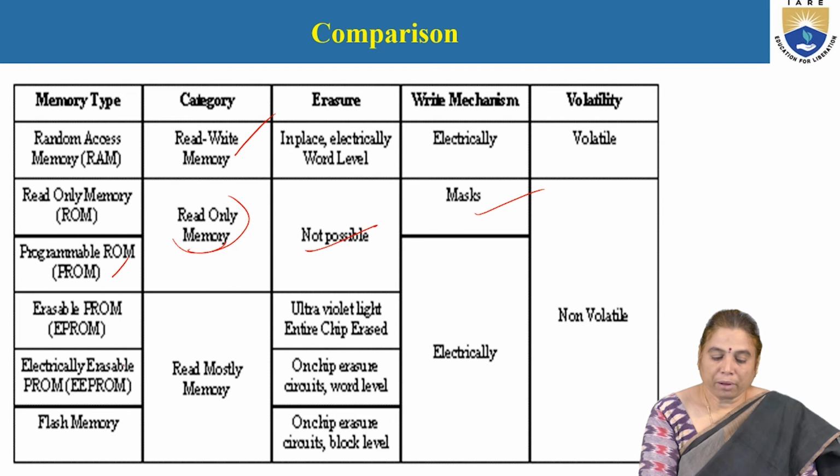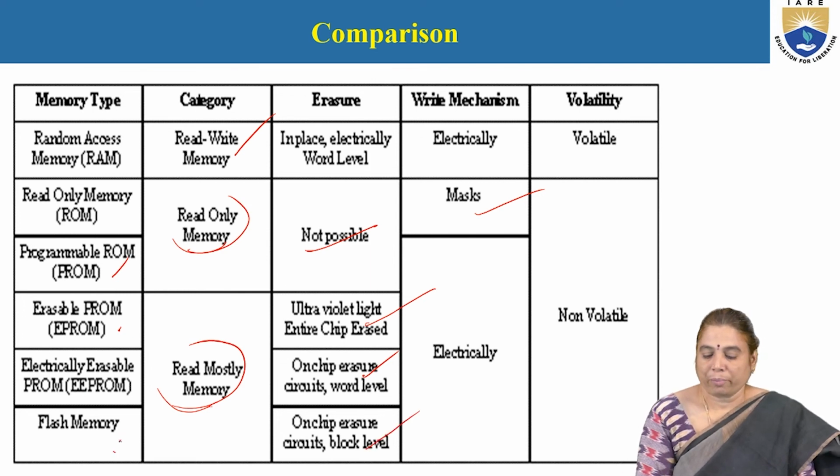Erasable PROM, EPROM, E-square PROM and flash memories are read-mostly, but with ultraviolet rays the erase can be performed in the EPROM. With electrical signals, the erasure can be performed in the EEPROM. On-chip erasure circuit or block-level erasure can be performed in flash memory. So all ROM is of the non-volatile type. So this is the comparison of the varieties of ROM.